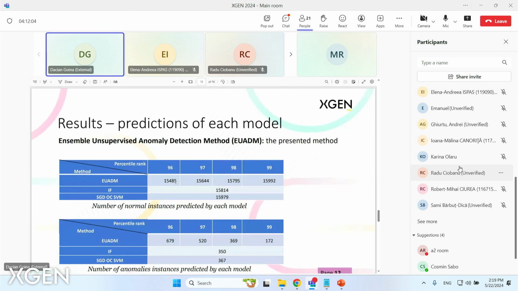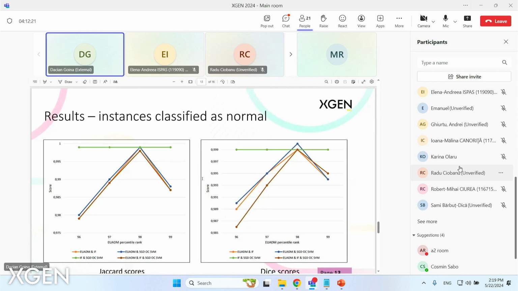And these are just the outcomes predicted by each model, now without the intersection, but keep in mind that, as you can see, the number of anomalies is lower than the number of normal instances, okay?